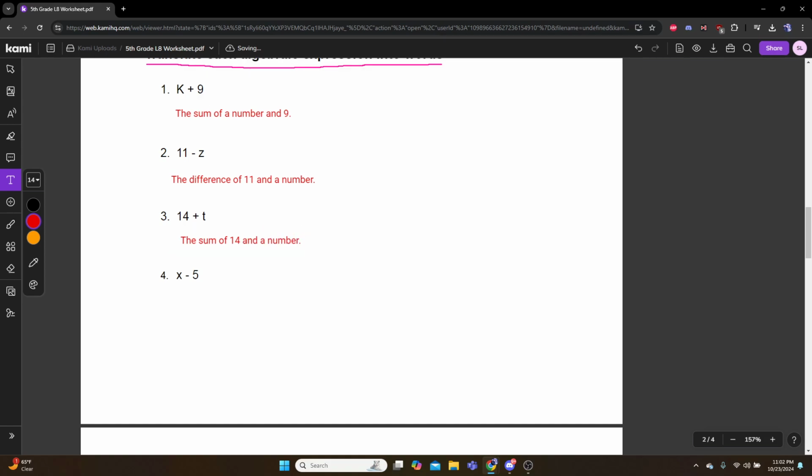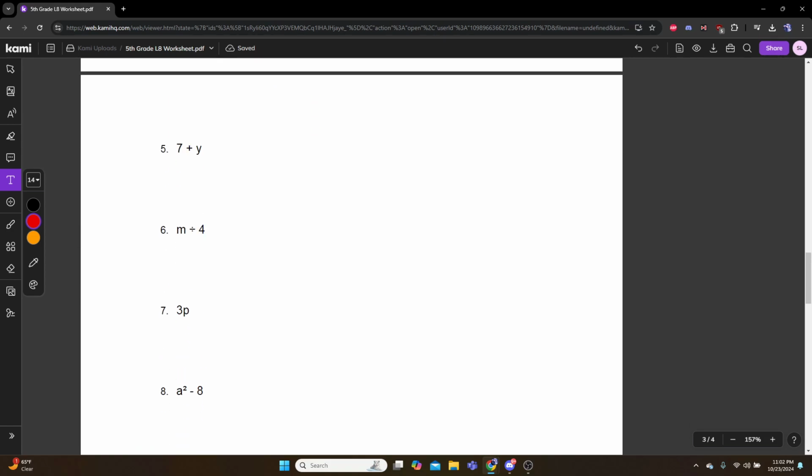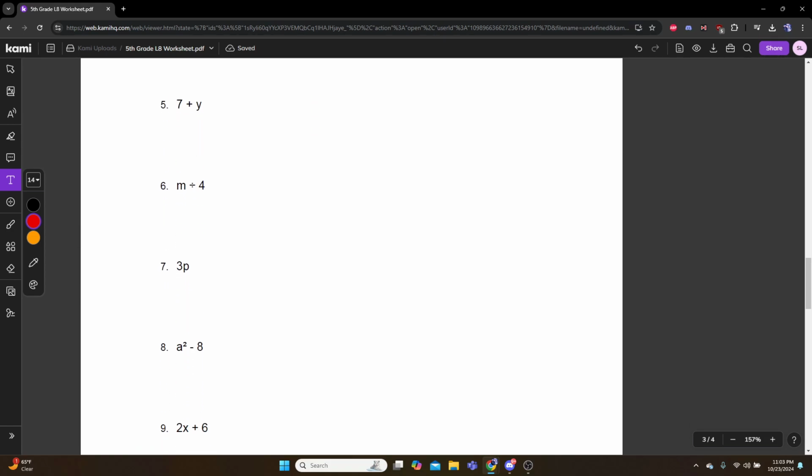Now number 4, subtracting, so it's difference. We would say the difference of a number and 5. Now 7 plus y, we know that this is adding, so the sum of 7 and a number. Now this time we're dividing.